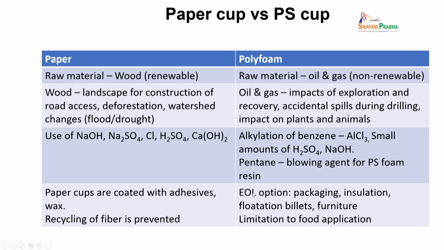Now if you think about end of life options for polystyrene, you can actually recycle it, but you cannot put it back into food products, because if you want to use it for food application, it has to be virgin plastic, it cannot be recycled plastic. There are restrictions on standards, some standards have to be met for food application.